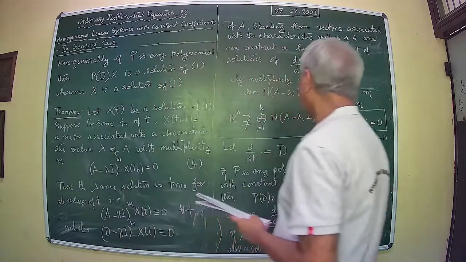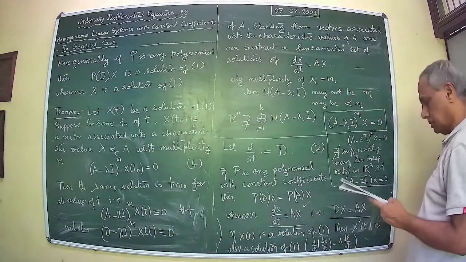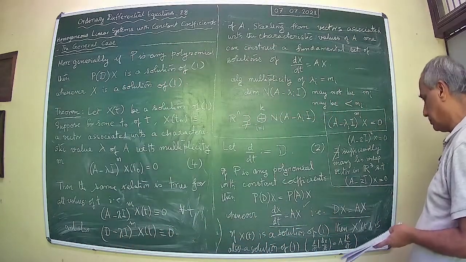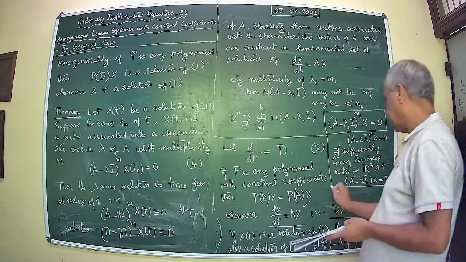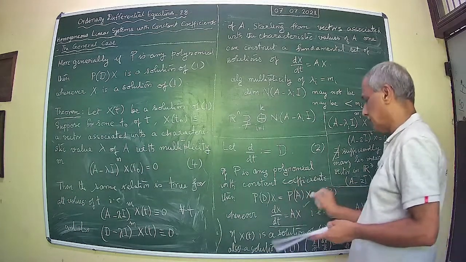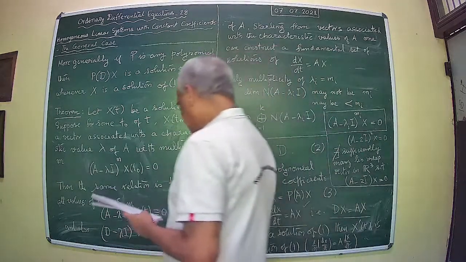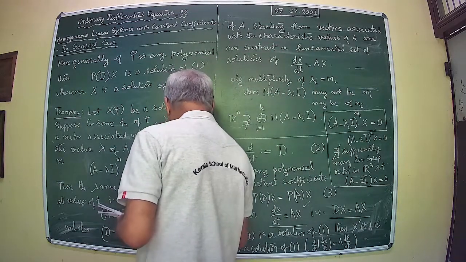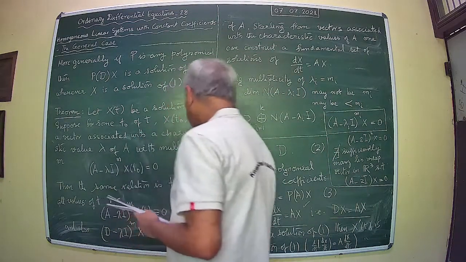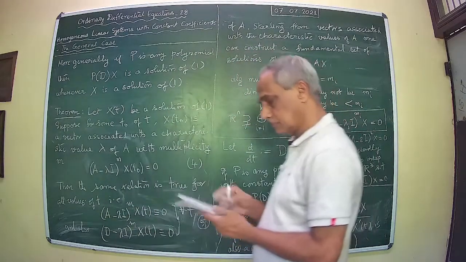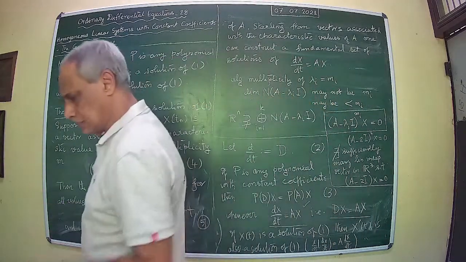This condition let me denote by 4, and then this I denote by 3. This condition I denote by 3, and this, okay. Now let us prove this theorem. The proof is very simple.